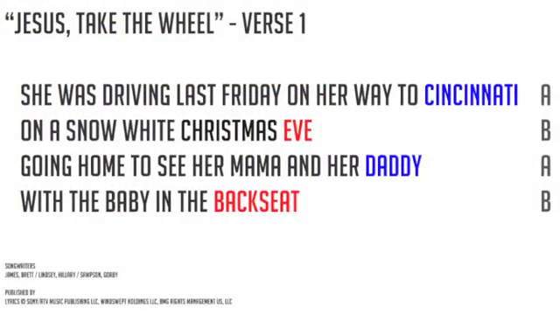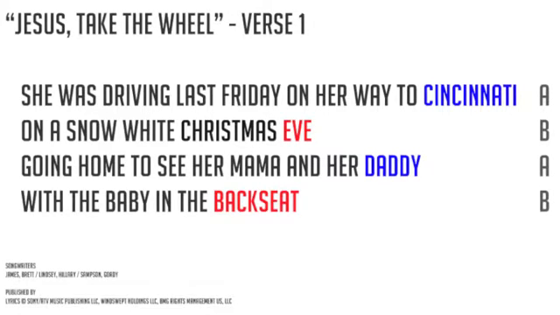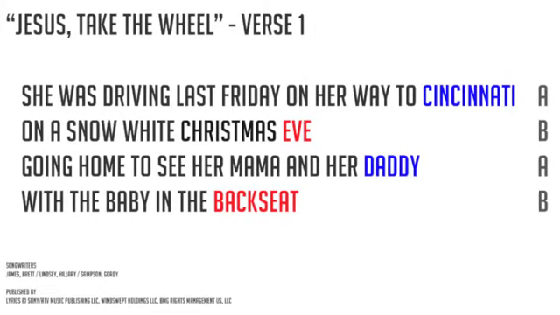With a near rhyme, you'll see an example of that in Jesus Take the Wheel in the first verse, where it says Christmas Eve and back seat. So you hear how Eve and seat are the same vowel sound, and those act as a way of anchoring the lines.